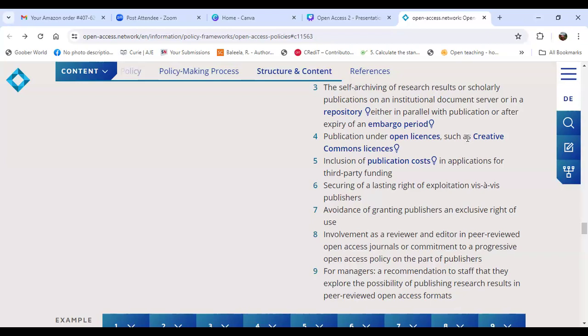You need to avoid granting publishers an exclusive right of use. It also covers involvement as a reviewer and editor in peer reviewing. For example, currently, if you review for a journal, you get credited, not in money, but in your account at Publons, for example, or in different types of networks.